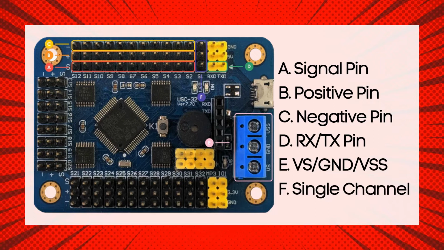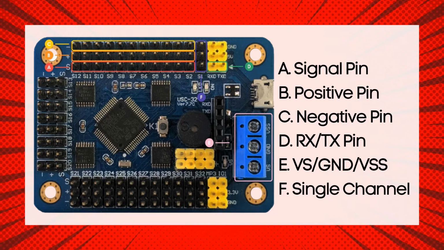Next is letter F. This is the single channel. It contains the signal, which is the positive and then the negative pins. There are 32 channels for this drive shield, from negative to positive.